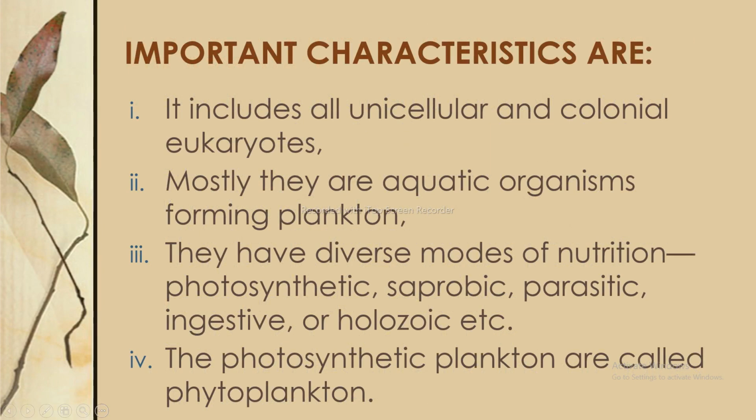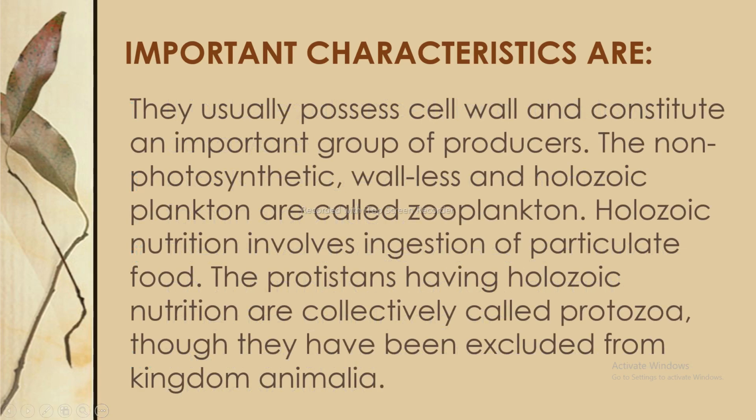They have diverse modes of nutrition: photosynthetic, saprobic, parasitic, ingestive or holozoic, etc. The photosynthetic plankton are called phytoplankton. They usually possess a cell wall and constitute an important group of producers. The non-photosynthetic, wall-less and holozoic plankton are called zooplankton.